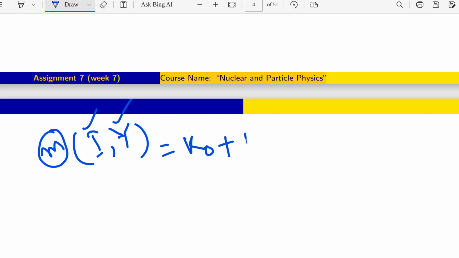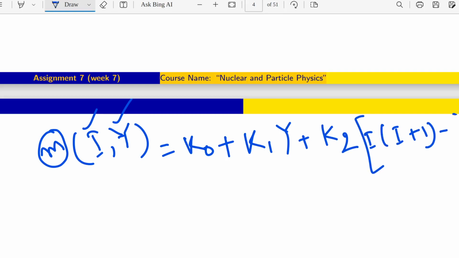So this is K0 plus K1 into Y plus K2 into I(I+1) minus Y squared by 4. This is the expression for the mass of any particle which has isospin I and hypercharge Y.